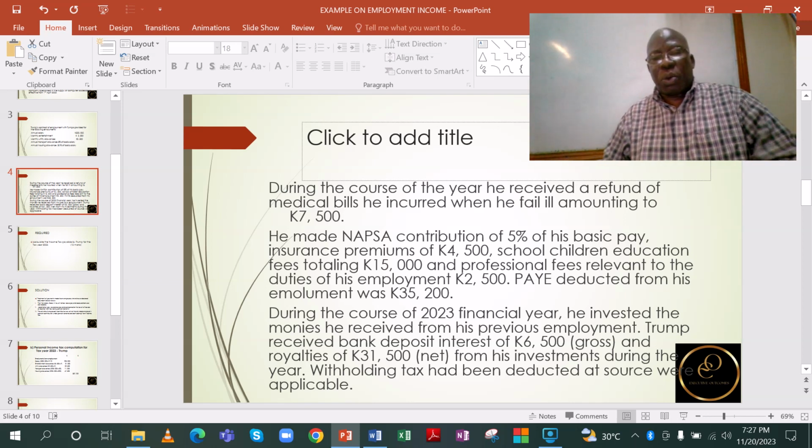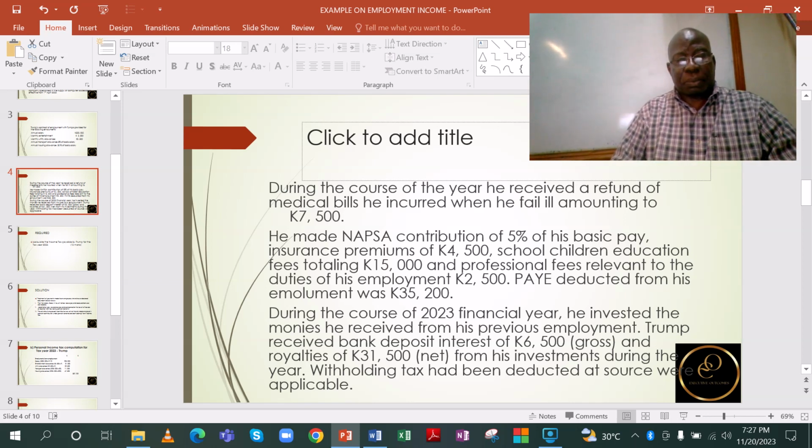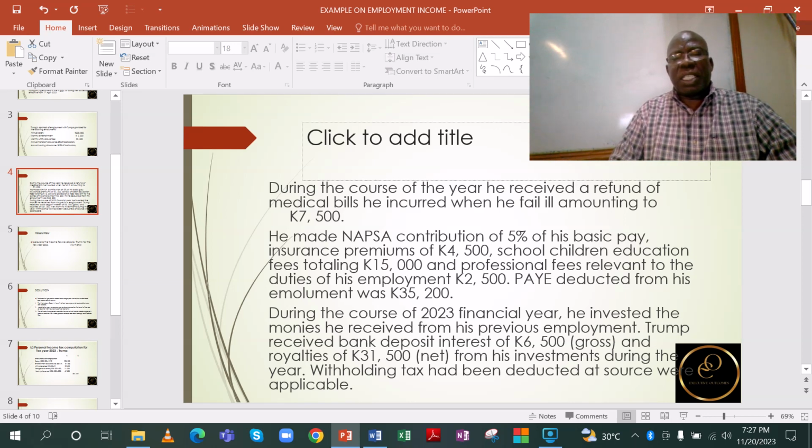Okay, you have to gross up the amount. So how do you do that? Since this one is the net amount, we want to know what the amount was before withholding tax was deducted to leave 31,500.